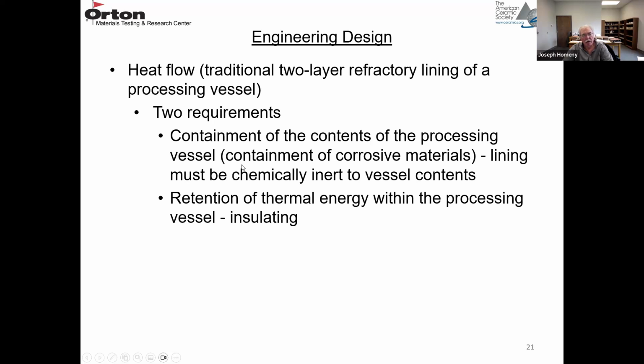Whatever lining you choose for that particular application has to be chemically inert to the contents of the vessel, whether it's a liquid glass, slag, metal, or even the type of atmosphere. And you want to retain the thermal energy within the processing vessel. So that's a function of how much insulation you use.